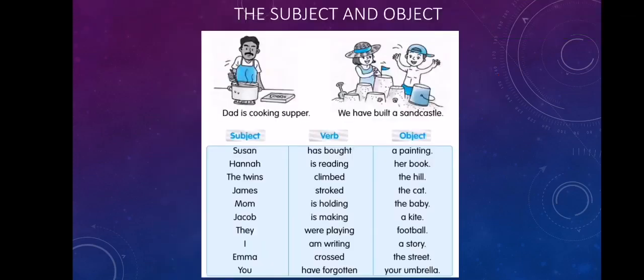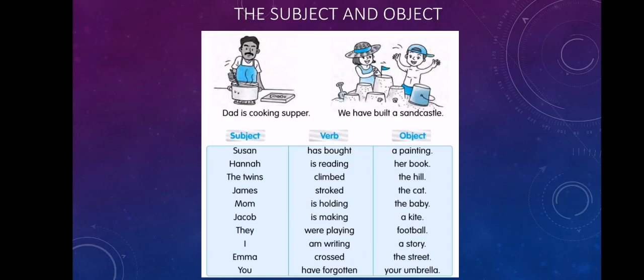Okay, now we go for the sentence itself. So dalam sentence, usually kita contain subject dengan object. Alright, so subject adalah someone ataupun subject yang buat itu action.